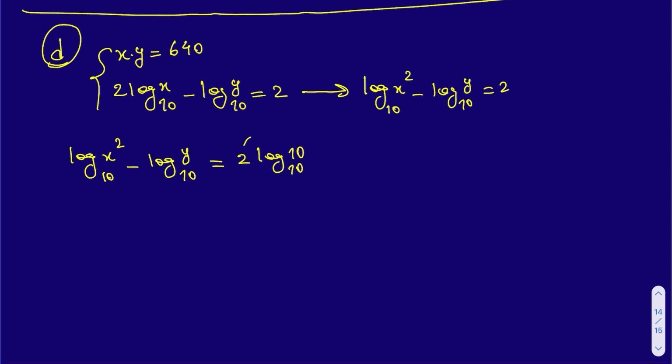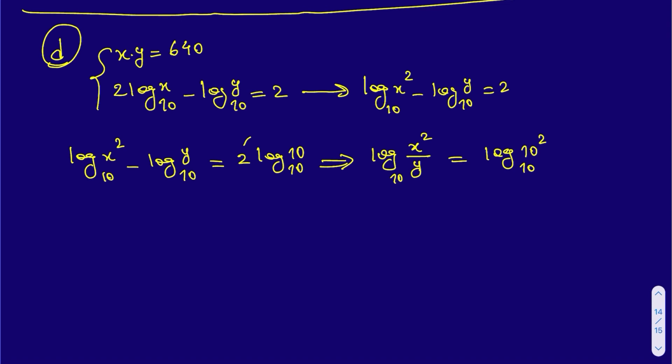So the next step, I will move this 2 as the power to 10, so I can write it again. Therefore log of x squared divided by y, because this is subtraction so I can change it to division, to base 10 is equal to log 10 to the power of 2 to base 10.